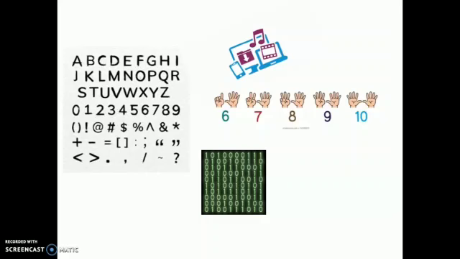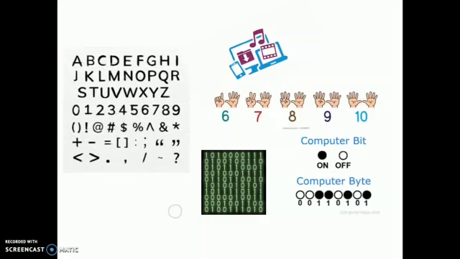Instead, computers have thousands, millions of electronic switches called transistors. These transistors store binary information in the on signal state, that is 1, and the off signal state, that is 0.